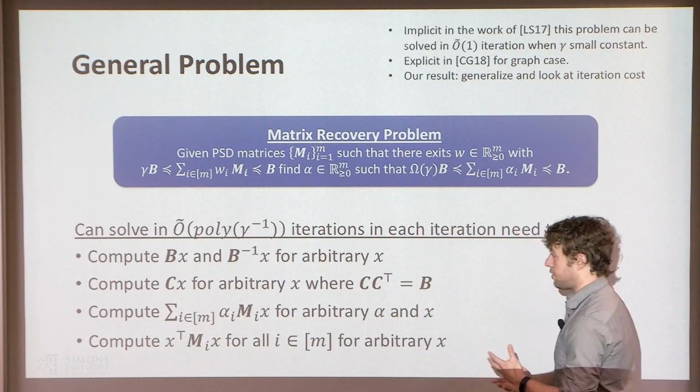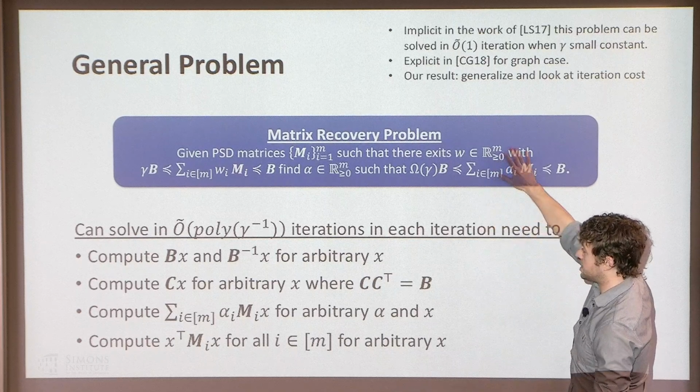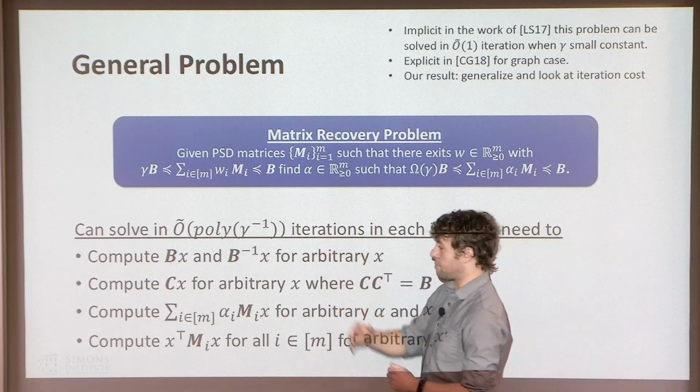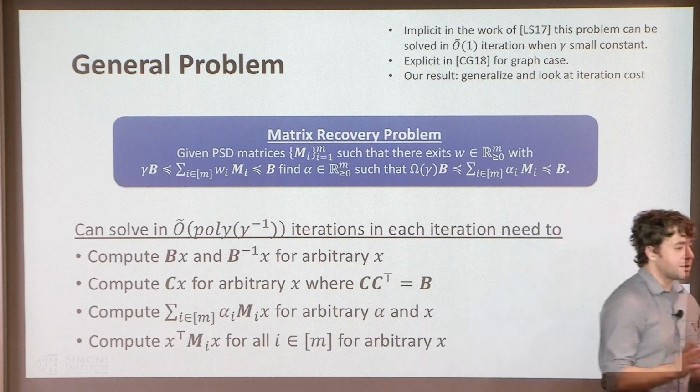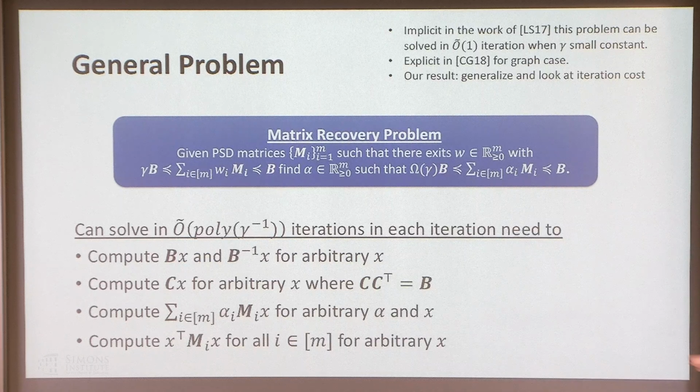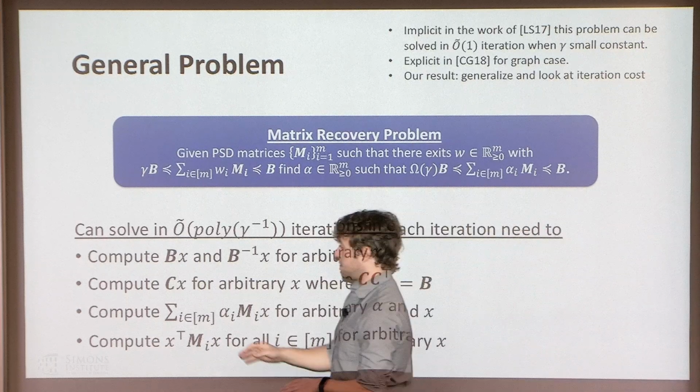That there's an algorithm that solves this problem in a poly 1 over gamma number of iterations, where in every iteration the cost is the cost of doing the following things a polylogarithmic number of times. You need to be able to apply B and its inverse to a vector.